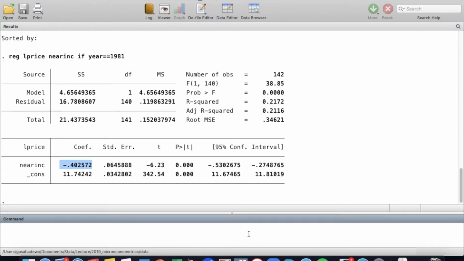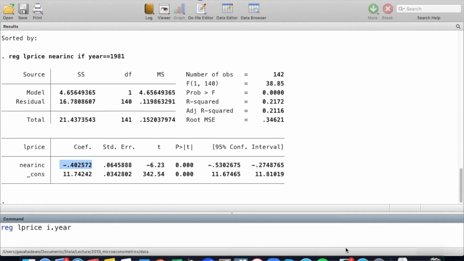Again, we will do a linear regression of log of price. However, what we want to do now is do it before and after. For that exercise, I want to use i.year. I'm doing this i.year because we want to see the differences between 1978 and 1981.